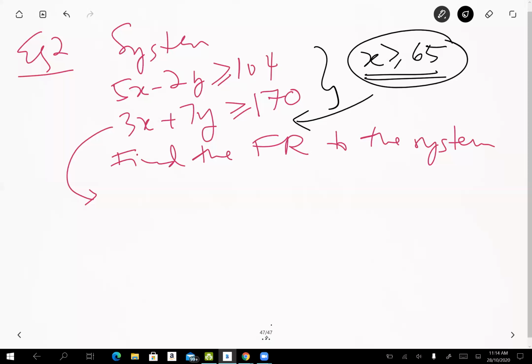In other words, the feasible region has a proper shape. So put in x bigger or equal to 65. And of course, you begin with x equal to 65. So x equal to 65. Is it a vertical line or is it a horizontal line?